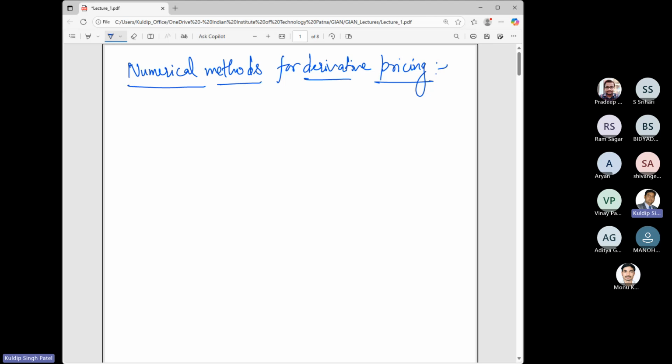The problem in the market, or with our investment, whenever we try to invest our money, one of the main problems is risk. Risk is always associated with any investment.